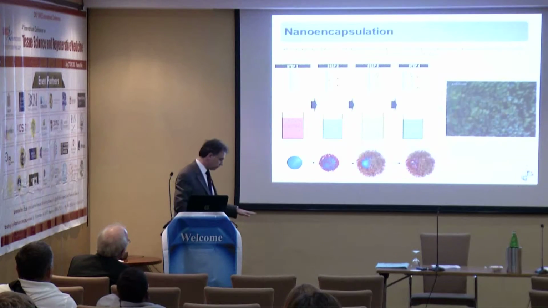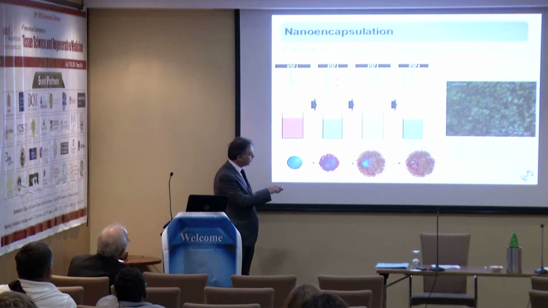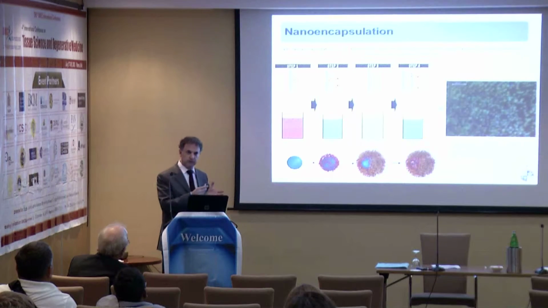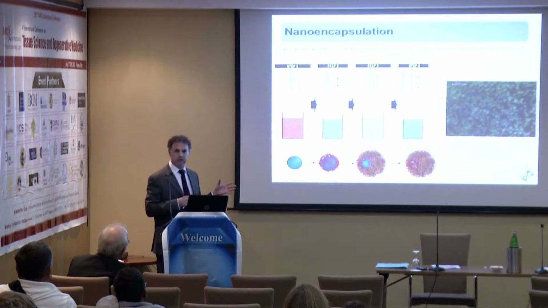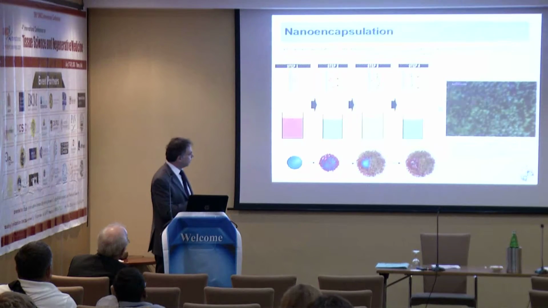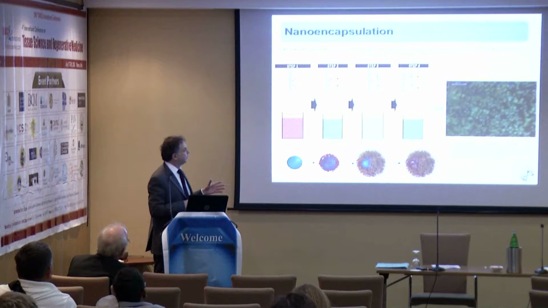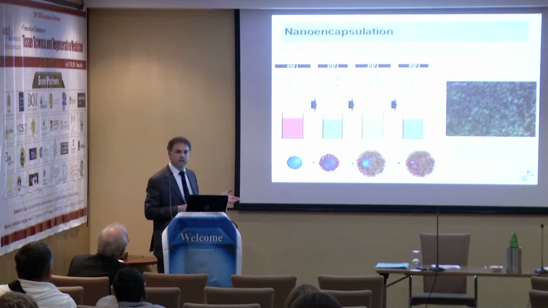So if you can imagine, here you can see how the cells look after you put the first polymer over the cell surface. Then obviously you have a net positive charge over the cell surface. Then you have to use another polymer that has the opposite charge, in this case a negative charge.